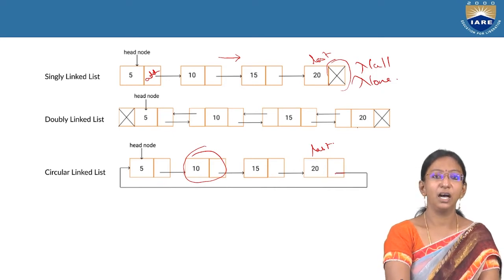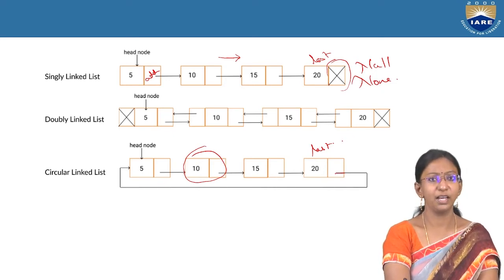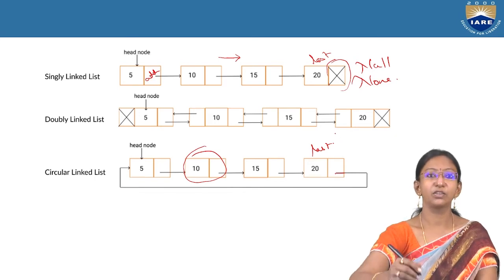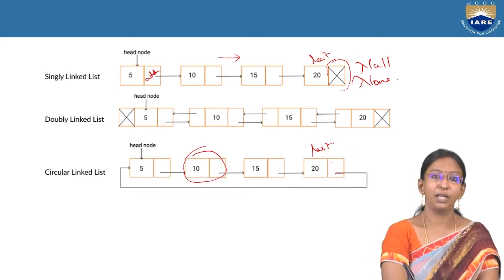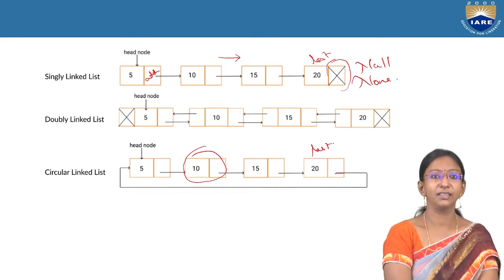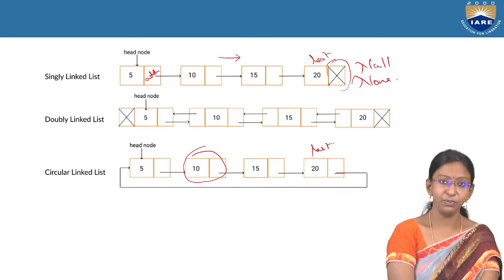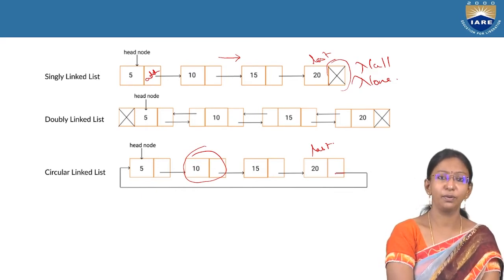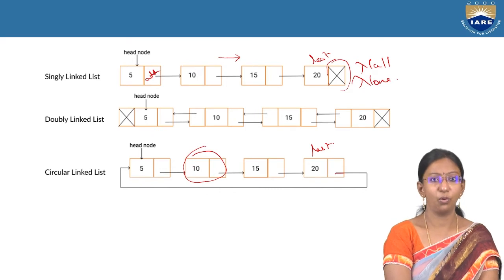That is, if the last node holds the address of the first node, then it is quite easy to move from the last node to the first node. That is the advantage of circular linked list, right? Rather than starting the job from scratch, you can run from the last node to the first node also.